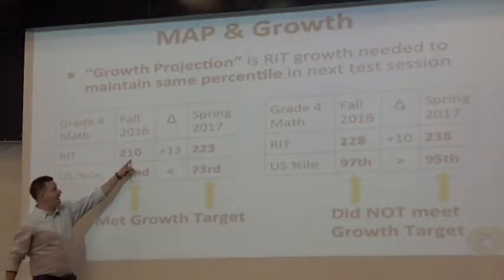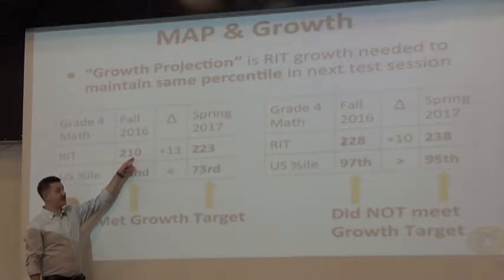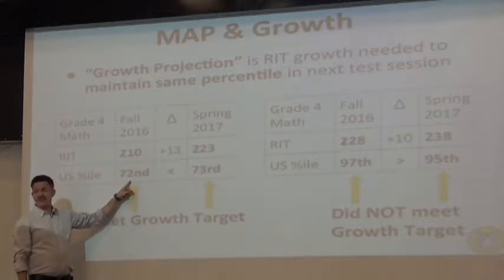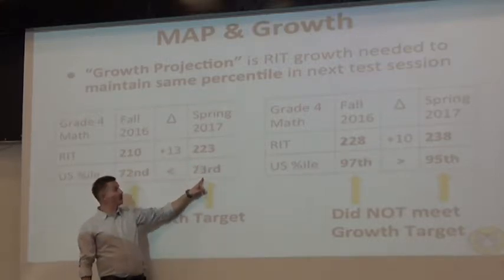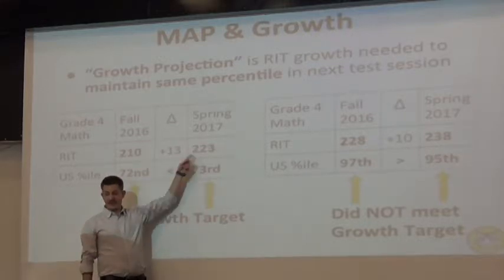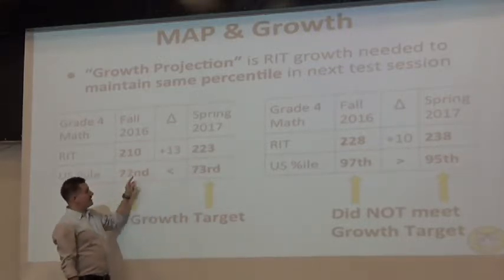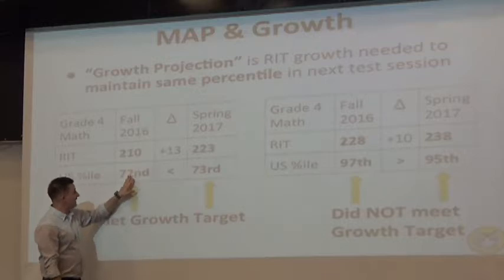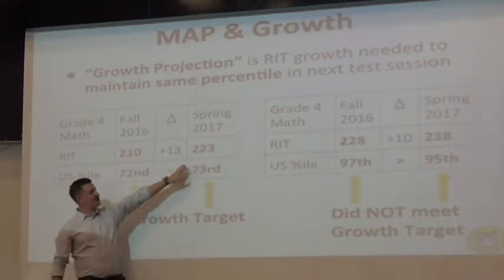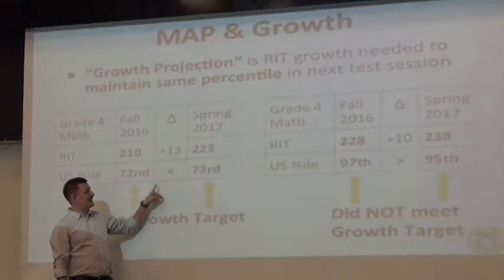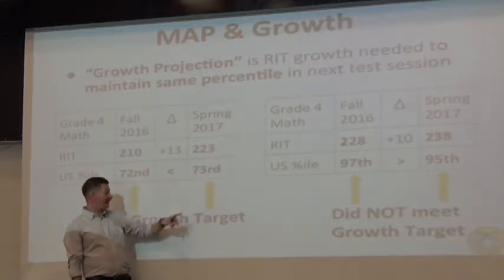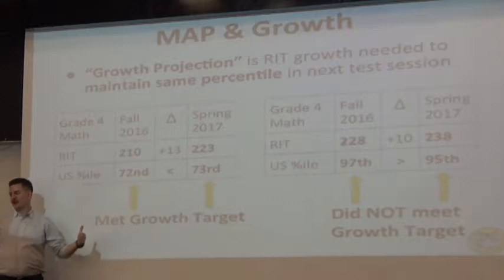If this kid today, in the fall of 2016, had a 210, and that corresponds to the 72nd percentile, then they would need to grow by a certain amount to maintain that same percentile, because all kids learn as time goes by. And so what we can see in this case is that by going from 210 to 223, this kid went from the 72nd percentile to the 73rd percentile, and we would say met the growth target.